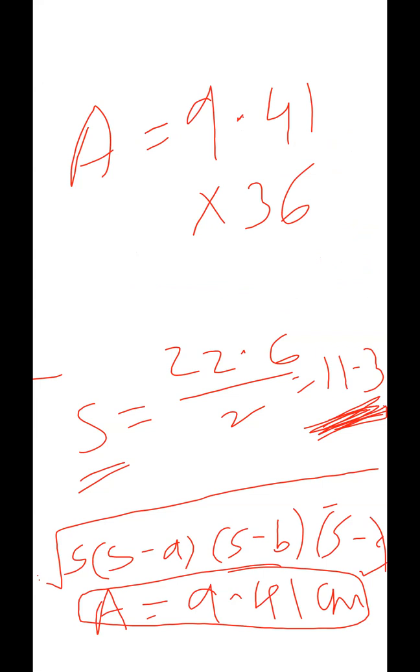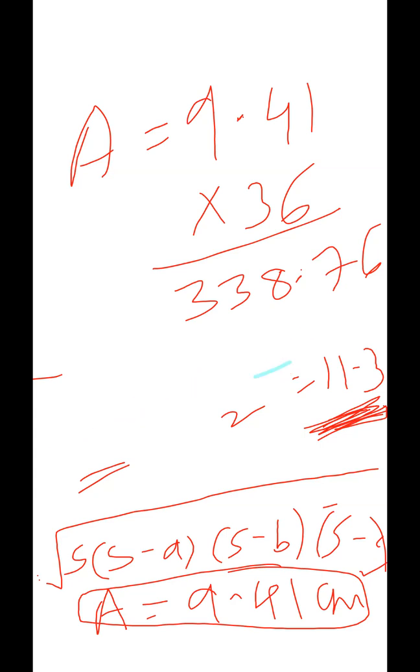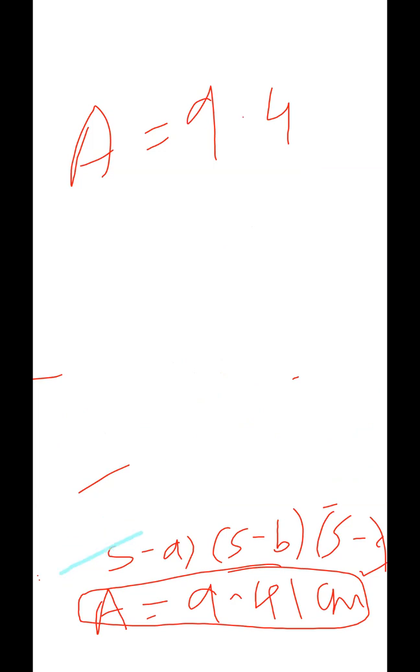So you have to multiply 9.41 into 36, and you will get 338.76. So you have found the area of the circle by the triangles. Understood?